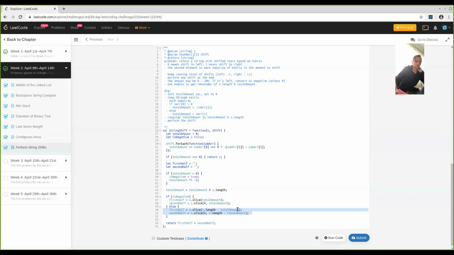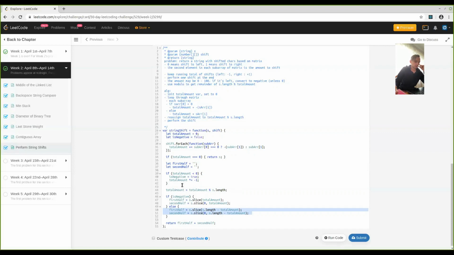I got around this problem by first checking if the total amount is less than 0, and if it is, I set is negative to true, and then I make total amount a positive number, because to slice a string you have to work within the indexes available in that string, and a negative would probably make more problems than it was worth.